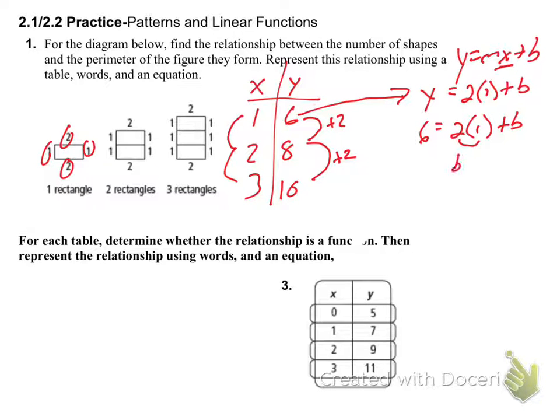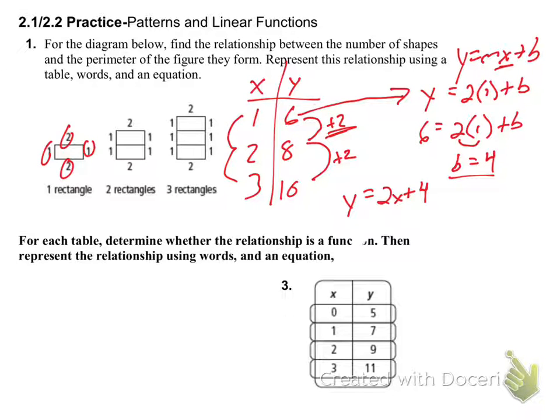So then b is going to be equal to 4. So I know what my b is. My b is 4. And then I know what my slope is. It's the 2. So y is going to equal 2x plus 4.